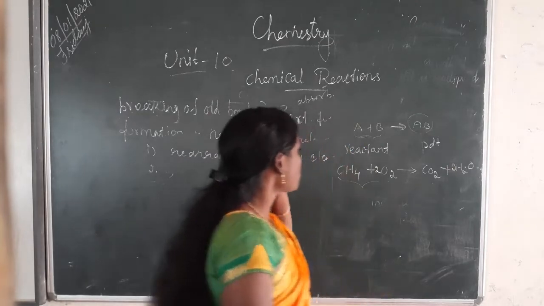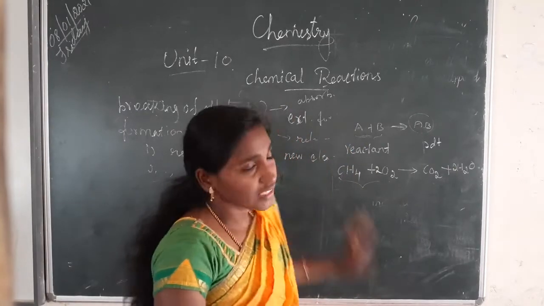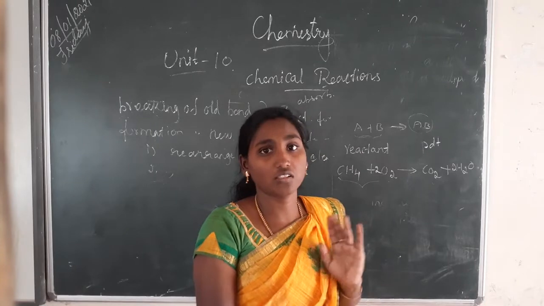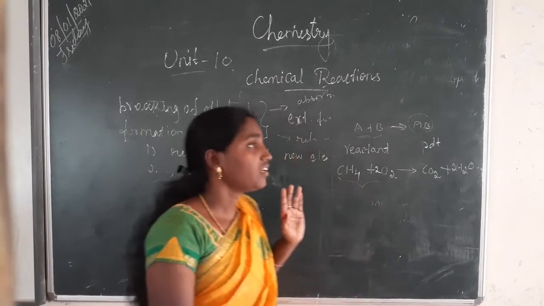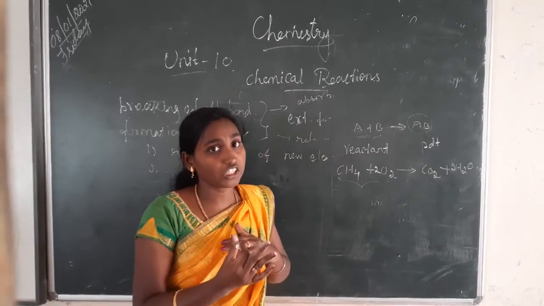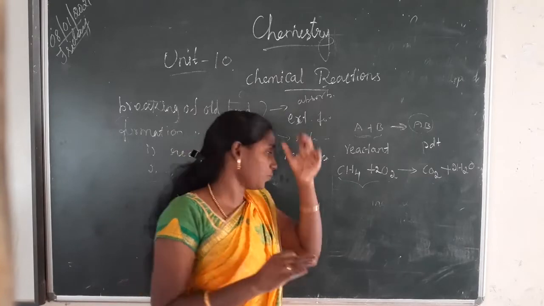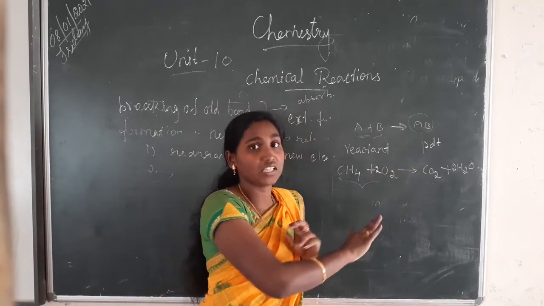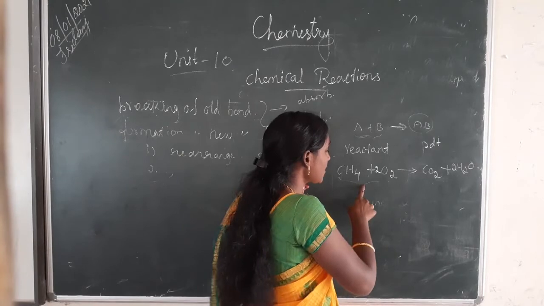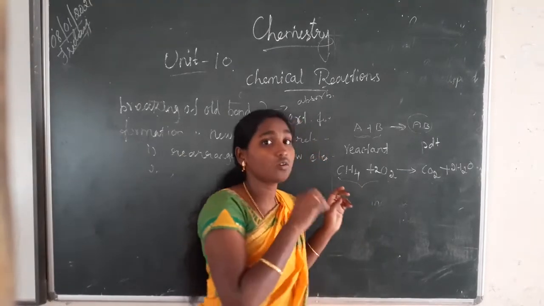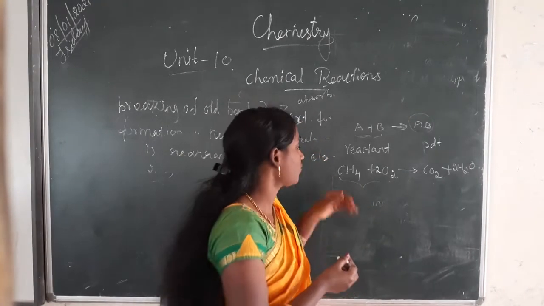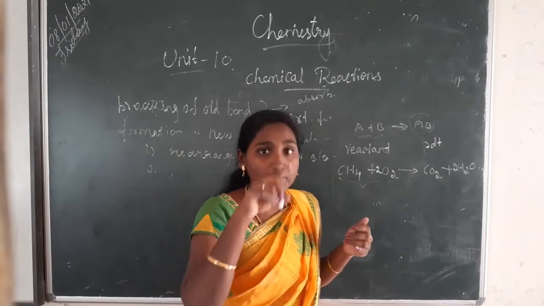We should balance the equation. This comes under chemical reactions. If you are going to write an equation, you must know how to balance it. And just notice the physical nature also. If the compound is solid, you should write solid.